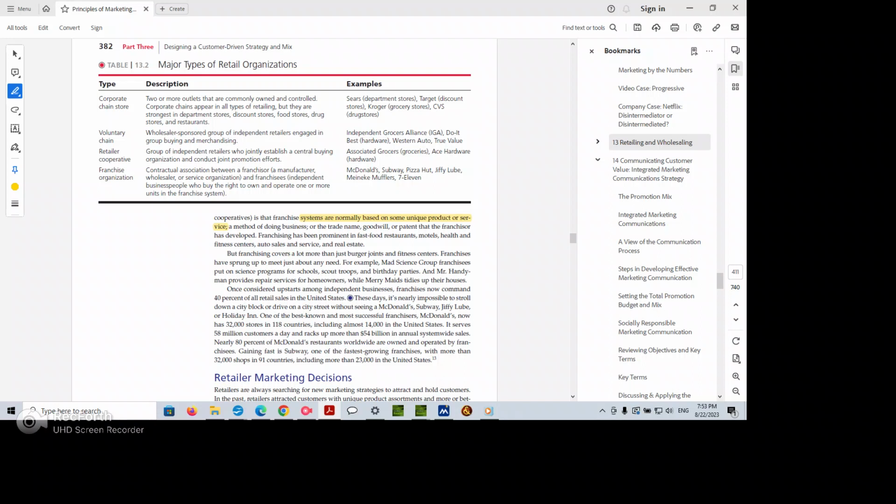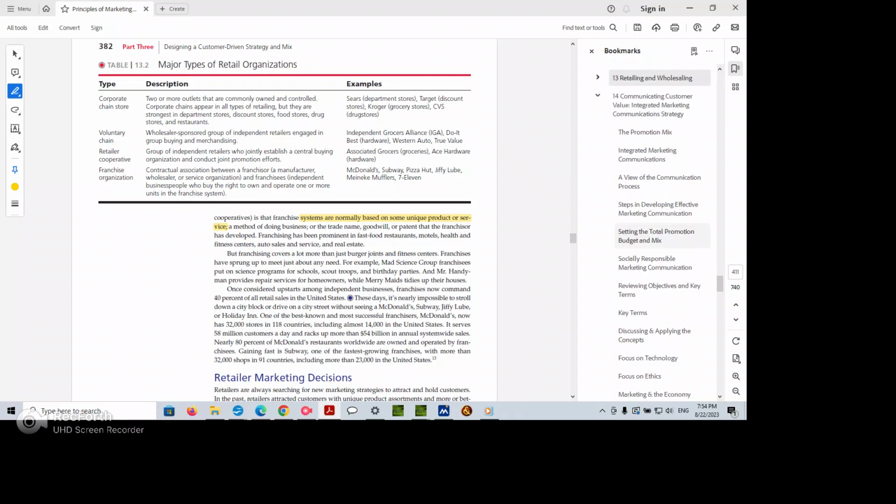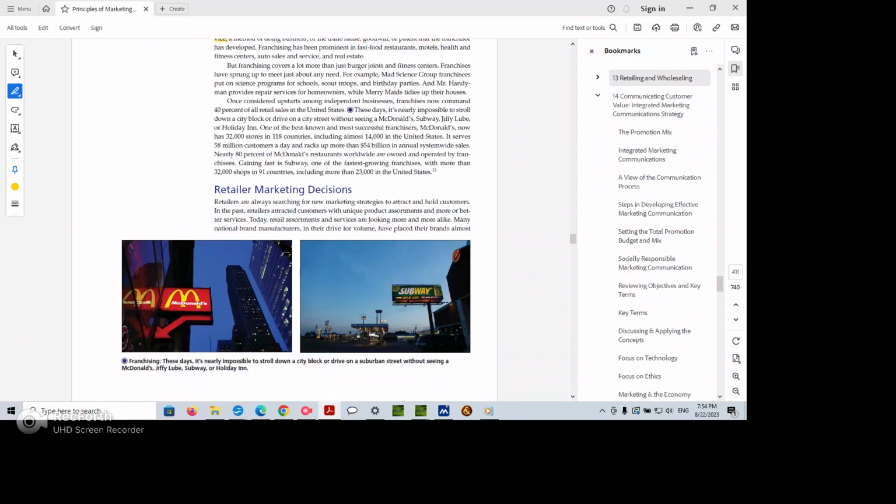Nearly 80% of McDonald's restaurants worldwide are owned and operated by franchisees. Gaining fast is Subway, one of the fastest growing franchises, with more than 32,000 shops in 91 countries, including more than 23,000 in the United States.